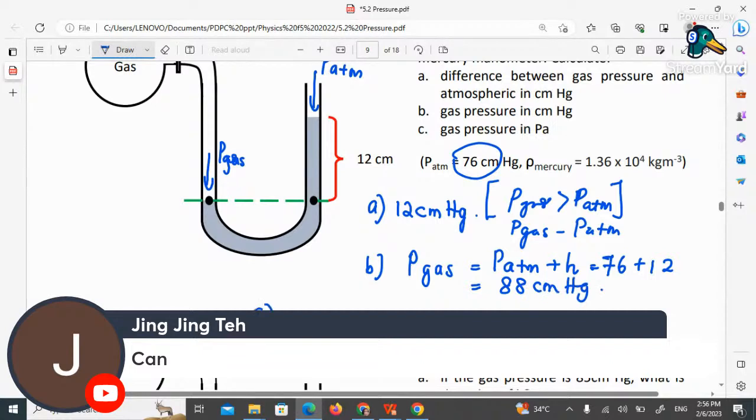Then you want to convert to Pascal. P equals H rho G. H is 88 cm, convert to meter, 0.88. Density of mercury, 1.36 times 10 to the power 4, multiplied by G, 9.81.